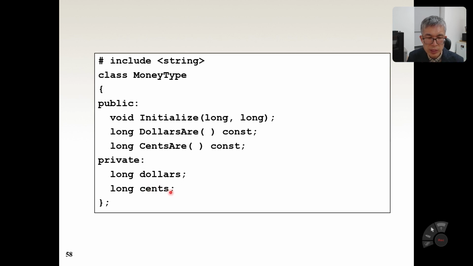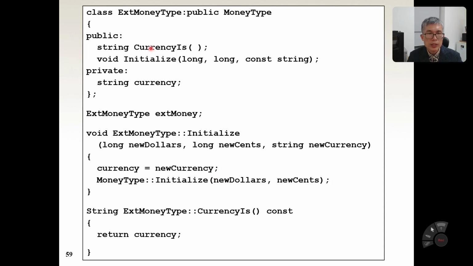The type is a long integer, and then this is ExtMoneyType, the extended money type, a public MoneyType. So it inherits the parent class MoneyType publicly. So we have public methods and private member variables.